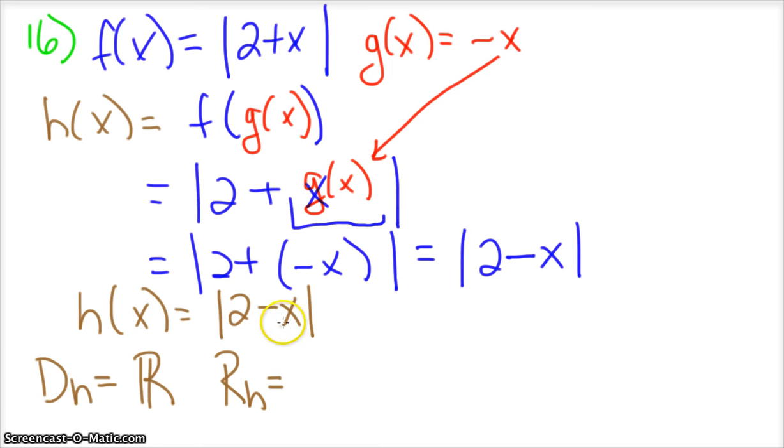No matter what number I put in for x, I could put in negative infinity. 2 minus negative infinity is 2 plus infinity, which is infinity, right? If I put 0, 2 minus 0, the answer is 2. If I put 2 in here, 2 minus 2 is 0, the absolute value of 0 is 0. So the lowest number we're going to have is 0.